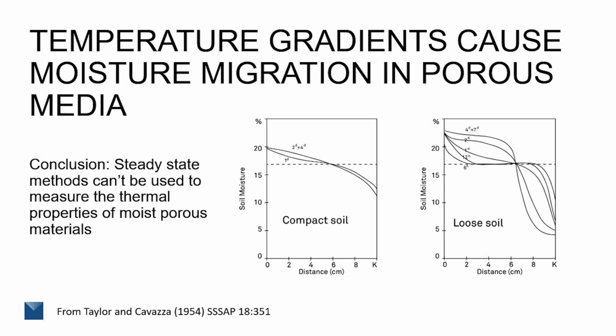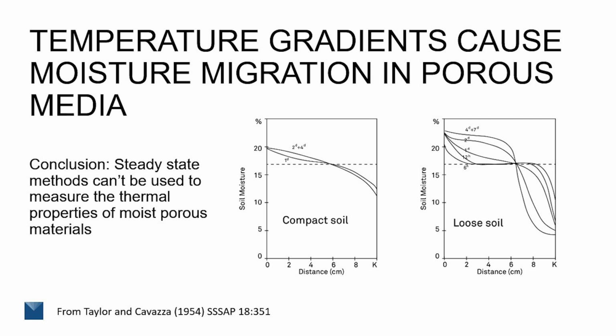Within a few hours, water had started moving toward the cold end of the soil column. In the compact soil, the water content on the hot end got down to about 12%. On the cold end, it got up to about 20%. On the loose soil, it got down to about 5% on the hot end, and the cold end got up to about 23%.